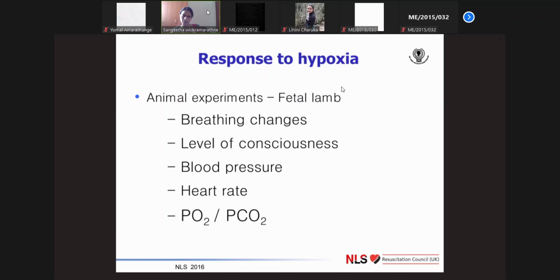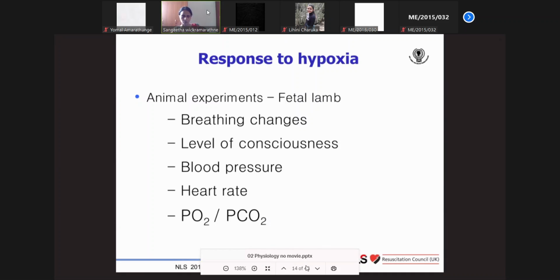So it's like the baby is back in the water and can't breathe. They then observed the breathing patterns, the level of consciousness, blood pressure, heart rate, and measured the arterial oxygen and carbon dioxide concentrations. Using this experiment, they came to conclusions about what happens inside a fetus, right?